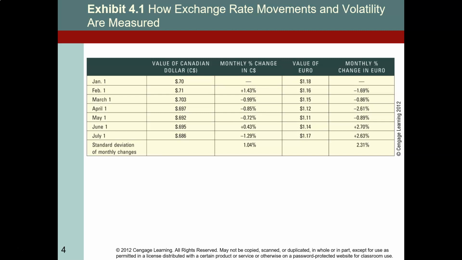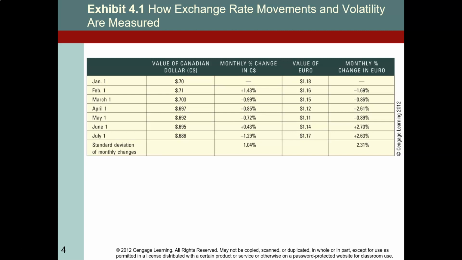And the monthly percentage change in Canadian dollar could be calculated using the formula on the last slide, right? For example, on February 1st, we can use S minus S at T minus 1 over S at T minus 1 to calculate the percentage change.